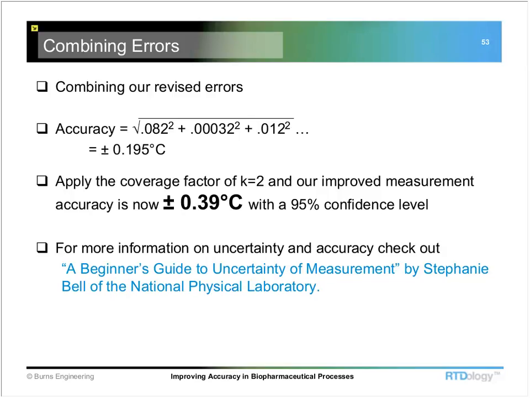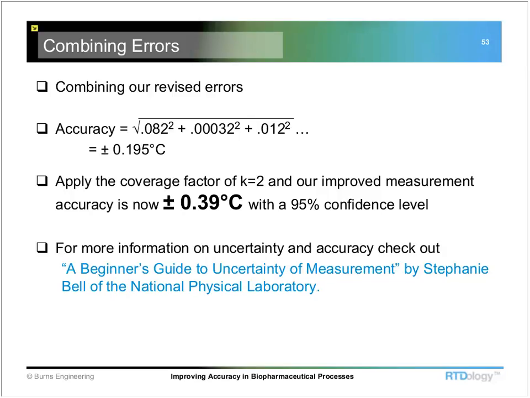Again, installation errors are usually the biggest problem and need the most time and effort put into making sure that the piping design is done such that the available sensor designs are going to work within that to give you the best accuracy possible.